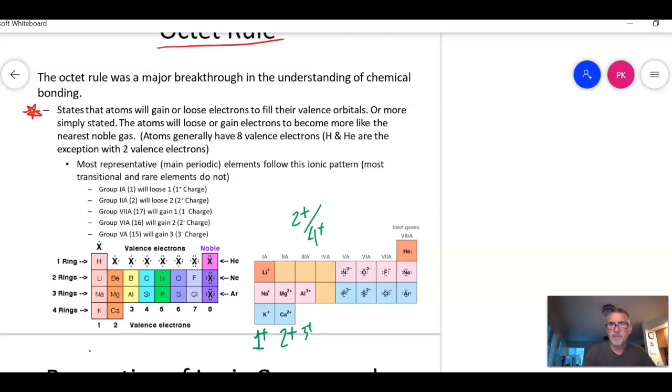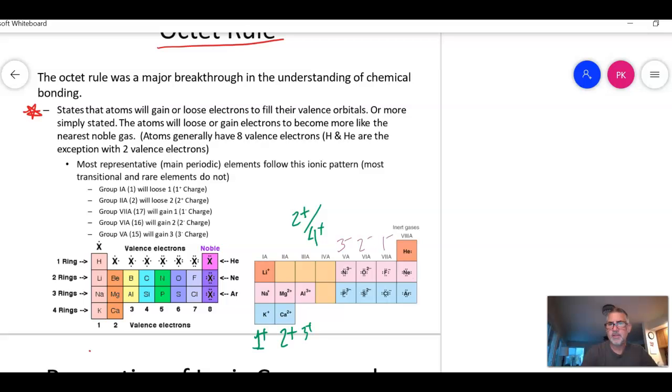These ones in 1A want to be like their previous noble gas, so that's why they have to lose. But when I get to the non-metals, like nitrogen here, it transitions to 3 negative, because it has to gain 3 to be like neon. 6A will be 2 negative because oxygen will have to gain 2 to be like neon.